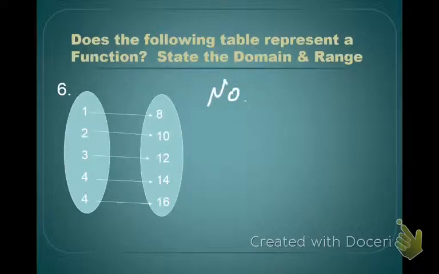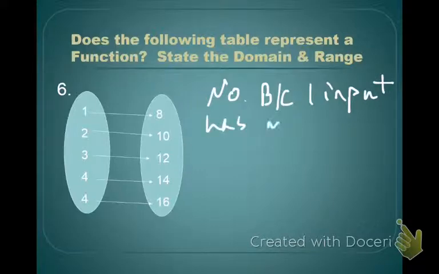No. It does look like each input maps to only 1 output because we've written 4 twice. Okay. But we can't do that. Okay? So some inputs have more than one output.